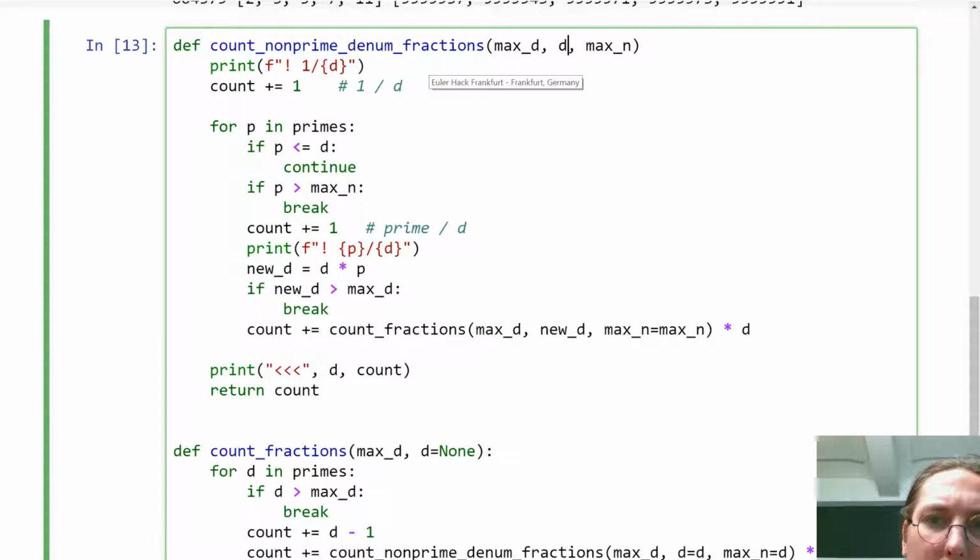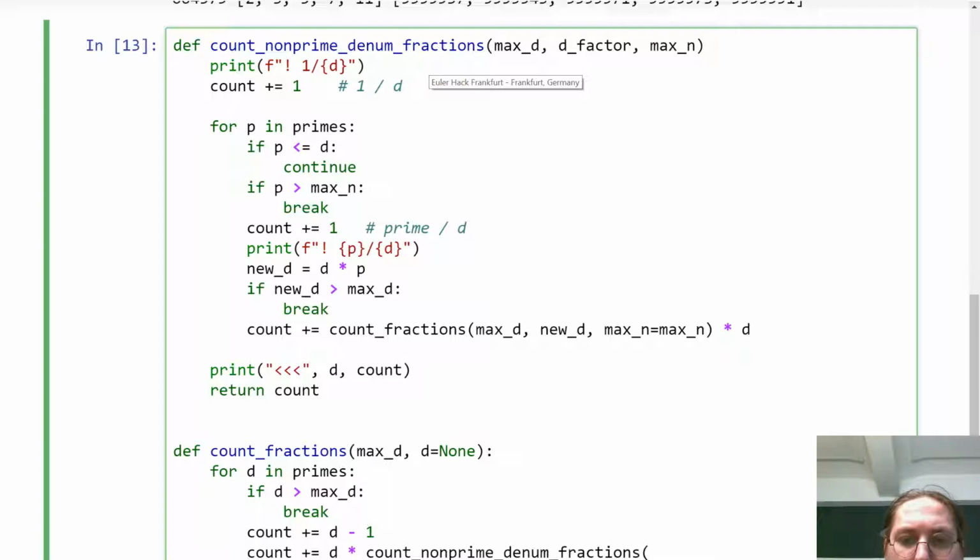If you start multiplying. If you have the 7 and you go over all multiples of 7, you fill them in.